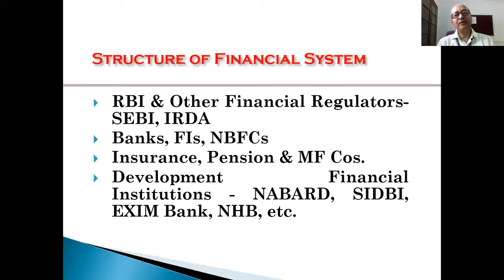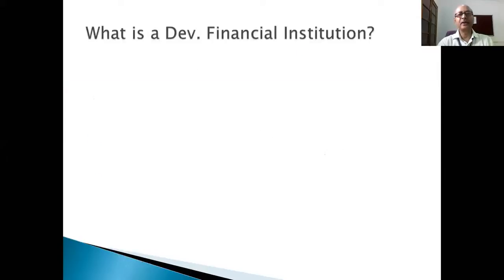And these four development financial institutions that we are discussing, many more are there, but we are talking about only these four, are, as I discussed earlier, NABARD, SIDBI, Exim Bank, and National Housing Bank.